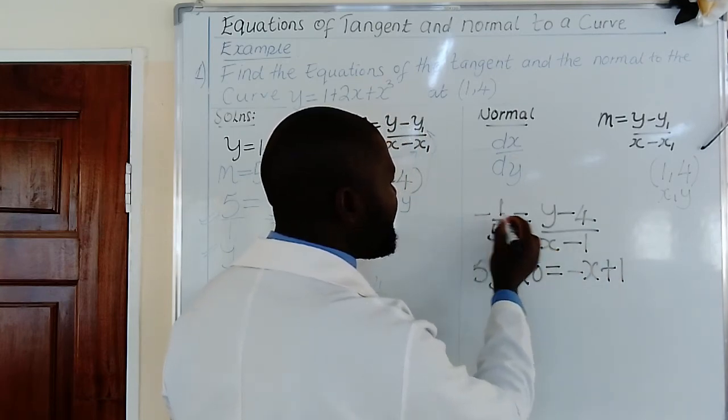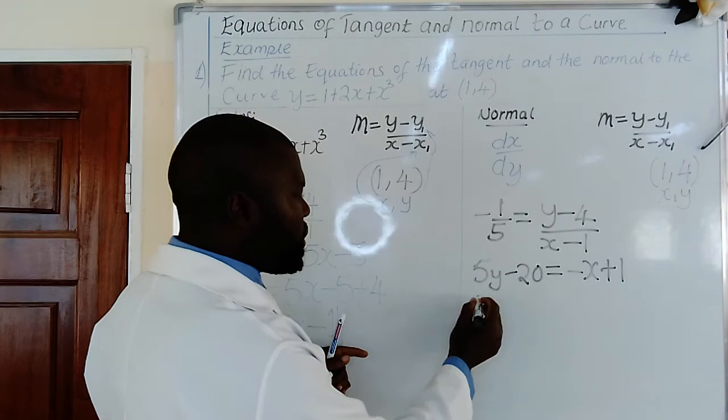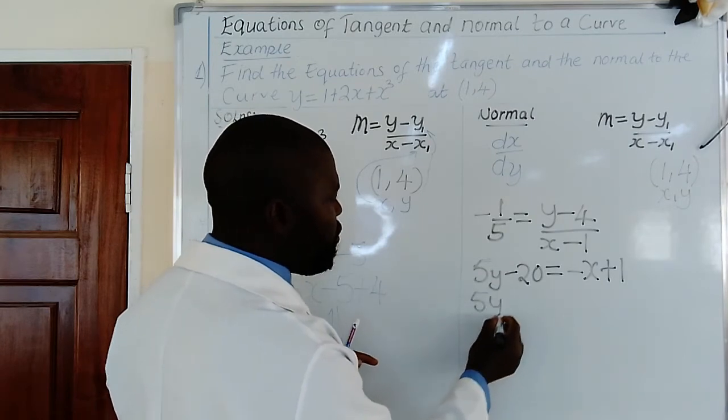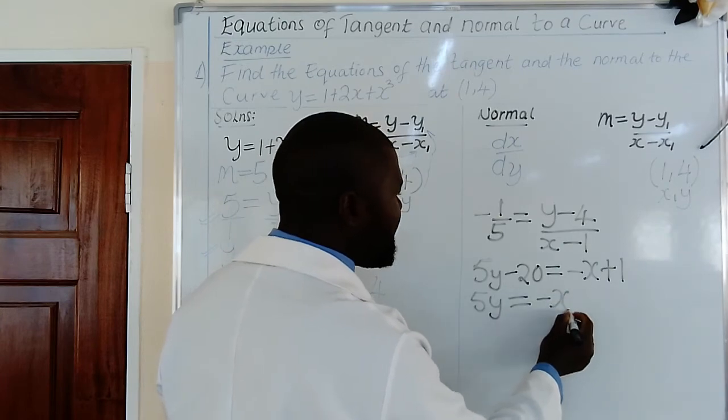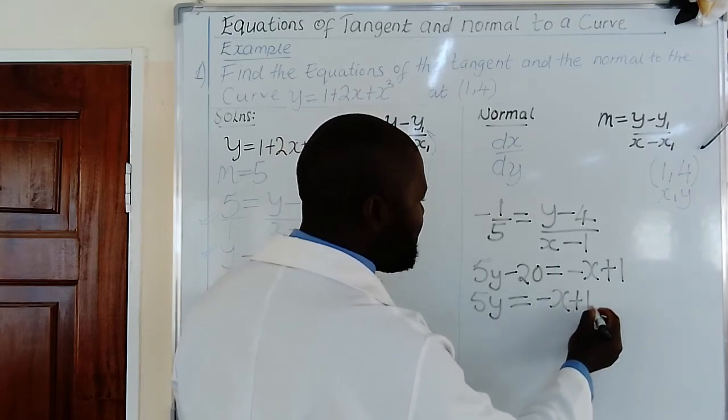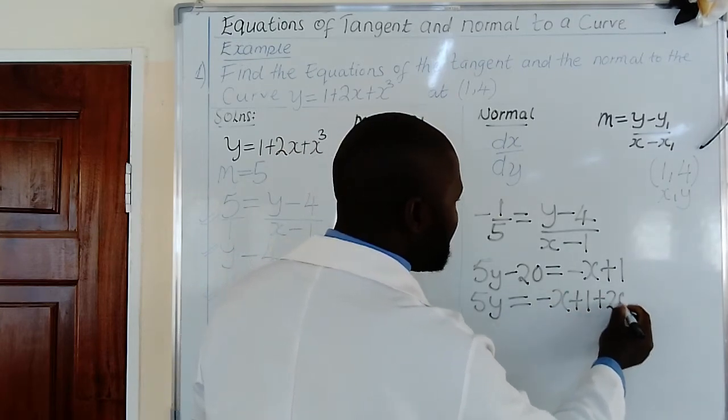Negative x plus 1. So 5y is equal to negative x plus 1 plus 20.